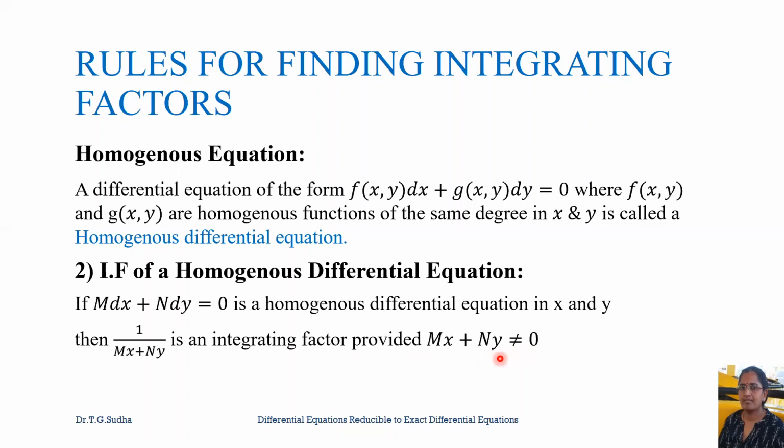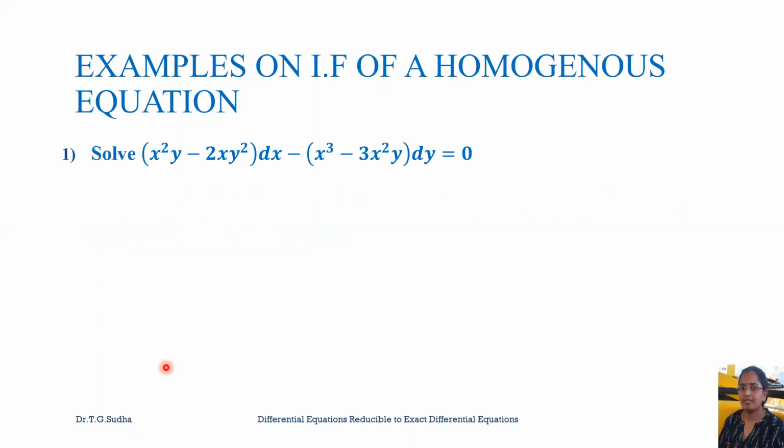If it is not equal to 0, then 1 over (Mx plus Ny) will be the integrating factor, and one has to multiply the given equation M dx plus N dy equal to 0 by 1 over (Mx plus Ny), which makes the given differential equation an exact differential equation, and we all know how to solve an exact differential equation. So let us discuss some examples.